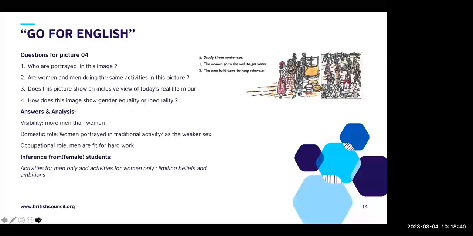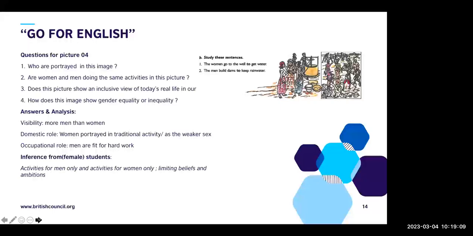Okay. Here also you have a group of women on one side and another group of men on the other side. This means that, and even if you look at what is written here, they say the women go to the well to get water, the men build dam to keep rainwater. You have a clear separation of the 2 types of activities, okay? Now, what do we learn from this? In terms of visibility, more men than women.